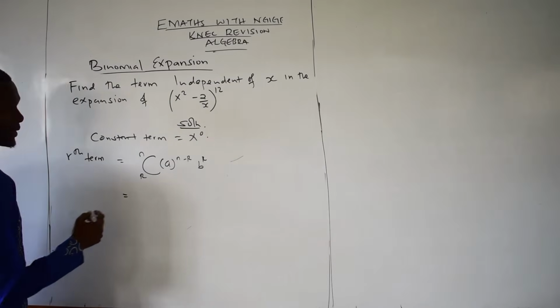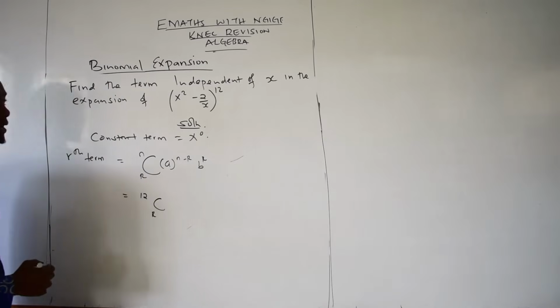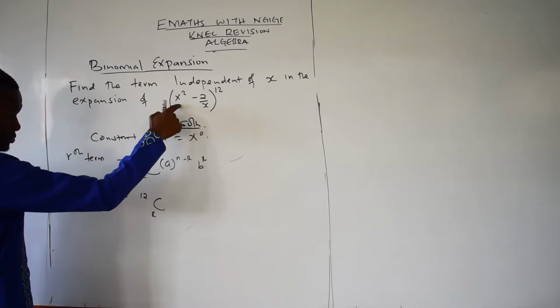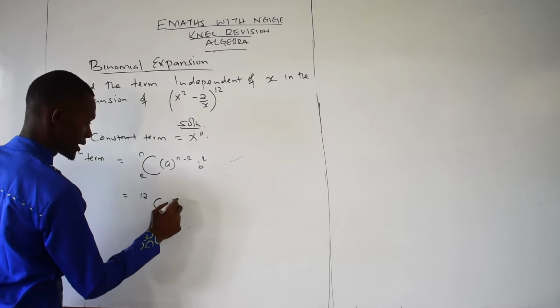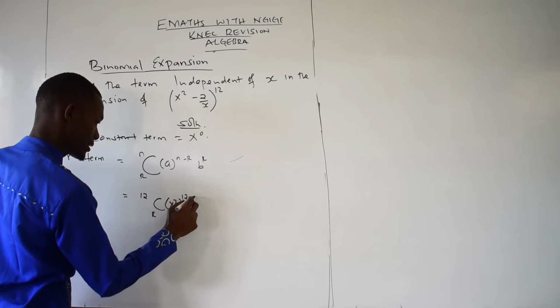What is your n? Your n is 12. Then you have your r there. What is your term? You have x squared to power 12 minus r.